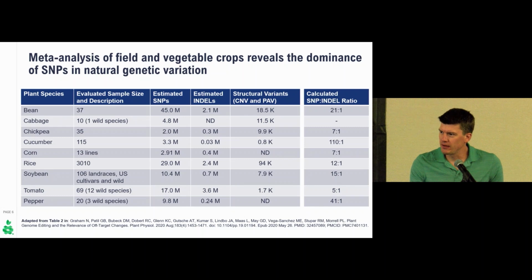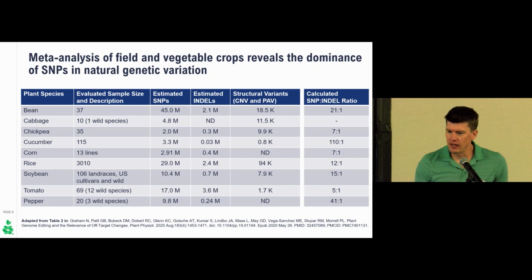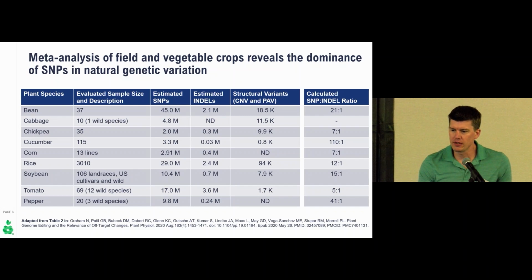So just to try to give you a brief comment on one of the reasons that templated editing matters in eukaryotic systems. This table is a meta-analysis that compiles a bunch of different studies, and these particular studies are in common crop species. You can see in the second column the number of individuals and some notes on the diversity of genomes that are selected in these studies.